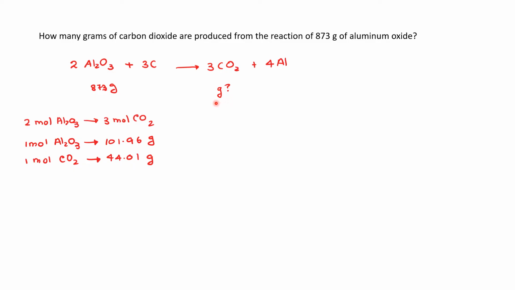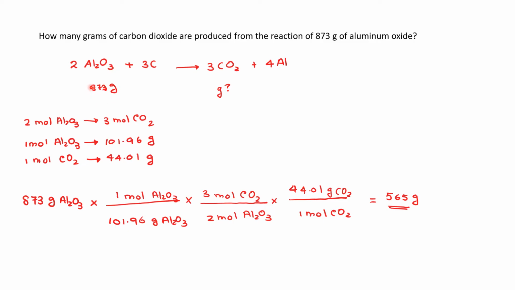For that, we are going to use the stoichiometric relationship between aluminum oxide and carbon dioxide. We know if we react 2 moles of aluminum oxide, we are going to produce 3 moles of carbon dioxide. And also we need the molar mass of aluminum oxide and the molar mass of carbon dioxide.